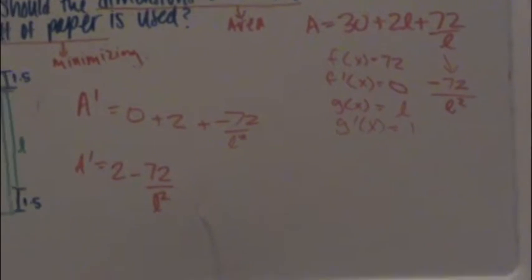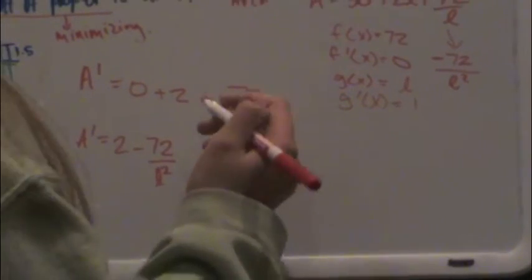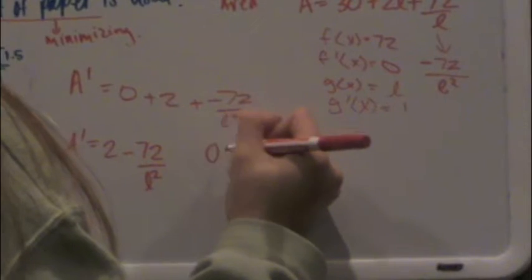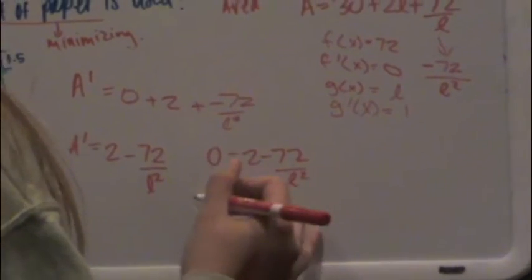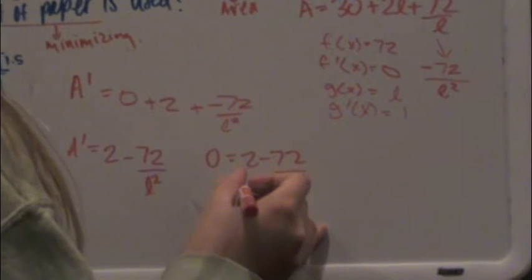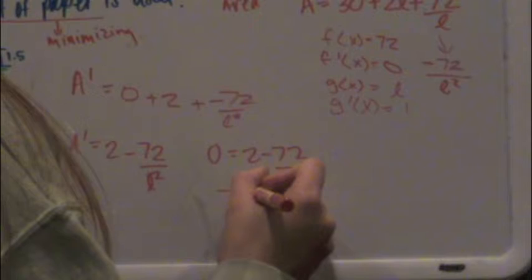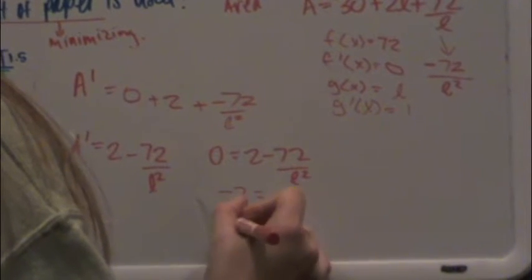Now you want to set this equal to 0. So 0 equals 2 minus 72 over L squared. We subtract 2, so negative 2 equals negative 72 over L squared.